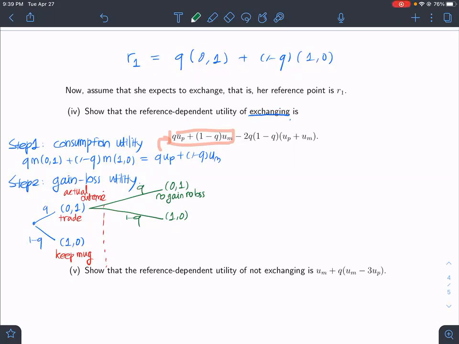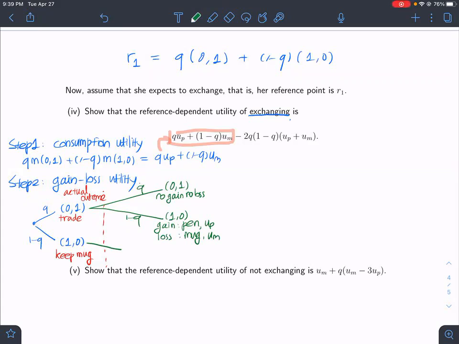So what is the gain? Gain is here at the reality. So gain is my pen, UP. Loss is my mug in my mind, UM. Using the same logic for the second outcome, 1, 0.